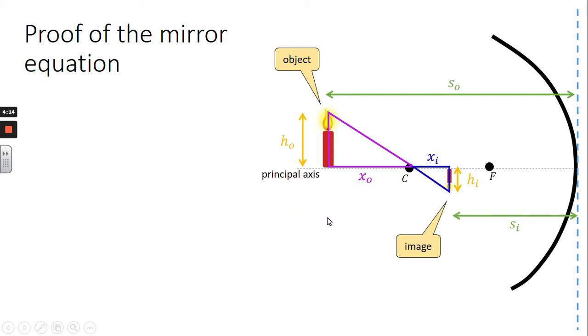I also want to look at this blue triangle where the distance from the center of the circle to the image is labeled x subscript i. And I want to finally remind you that the distance from the center of the circle out, that's the radius of the circle.